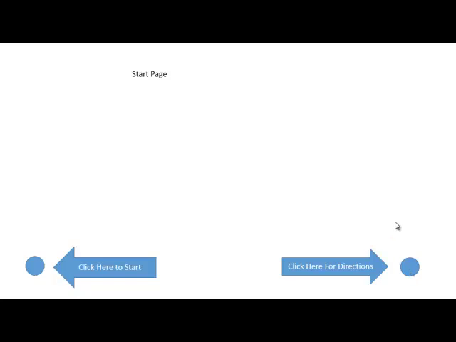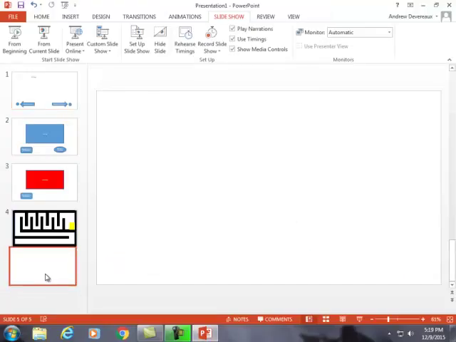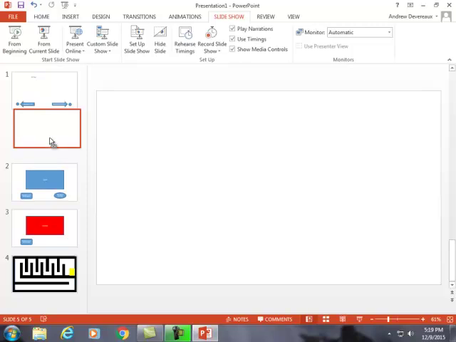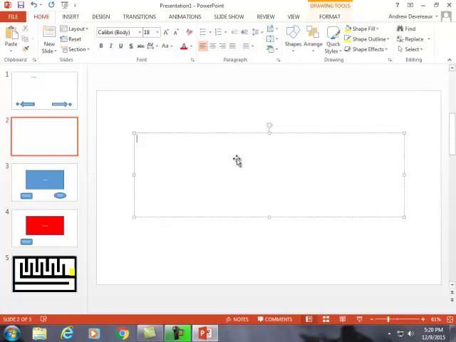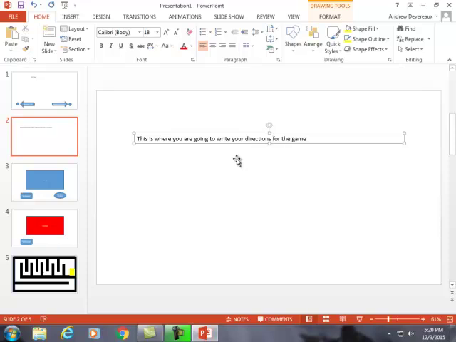Now I have a directions page, so why don't we just pull this up here, and why don't we insert a text box? And this is where you are going to write your directions for the game. Okay. Think about these things. What is the object of your game?